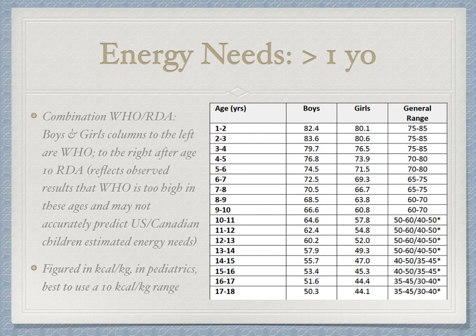This is due to the observed results that the WHO is a little too high in these ages and may not accurately predict U.S. and Canadian children's estimated energy needs. In other words, it tends to overfeed them. Once again, just as in infants, this is figured in kcals per kg, and it's still best to use the 10 kcal per kg range.